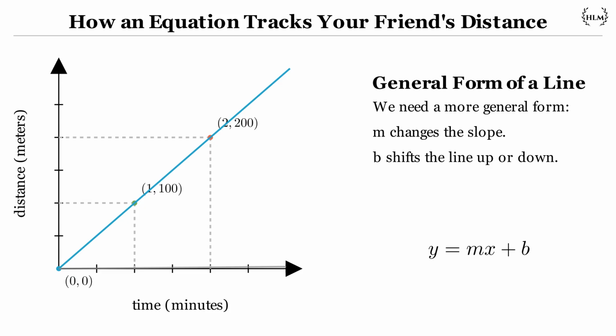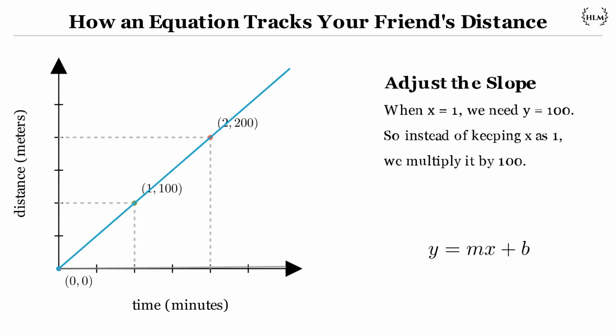And then we use m here to change the slope because the slope, or slant, of this linear function is actually much steeper compared to what we had before, the y equals x line. So if you look closely, our coordinate 0, 0 goes to 1, 100, and then goes to 2, 200.